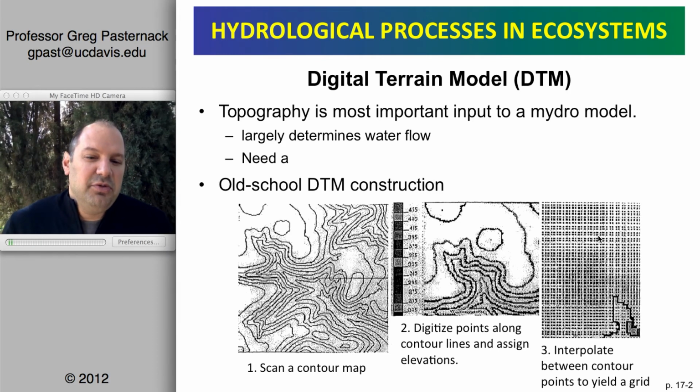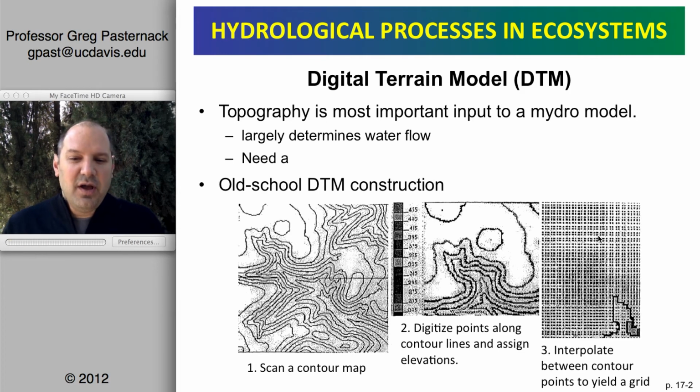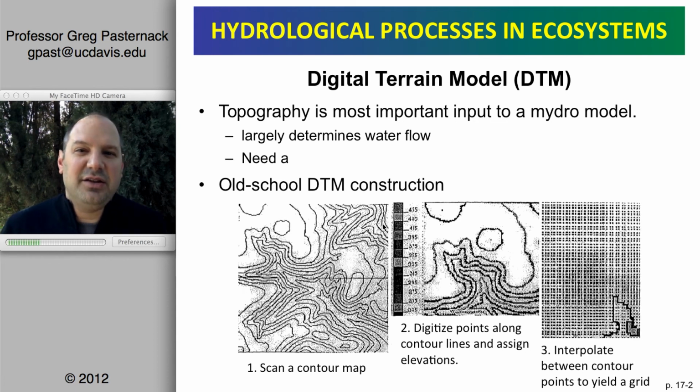And there are generally three different ways to go about that. Traditionally, the United States government and many governments around the world paid geologists, cartographers and surveyors to go out and map the landscape, usually yielding a contour map.